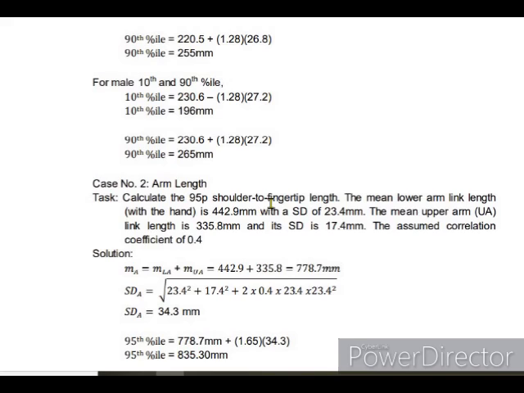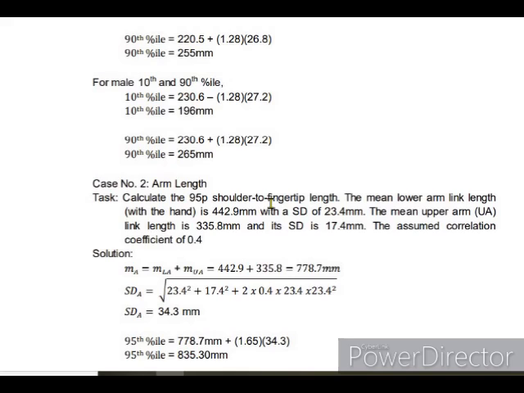Then for the 90th percentile for male, it is 230.6, the mean. So we will add the product of the factor 1.28 and the standard deviation 27.2. So the 90th percentile for male is 265 millimeters.